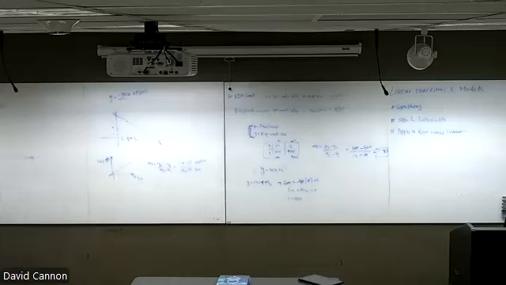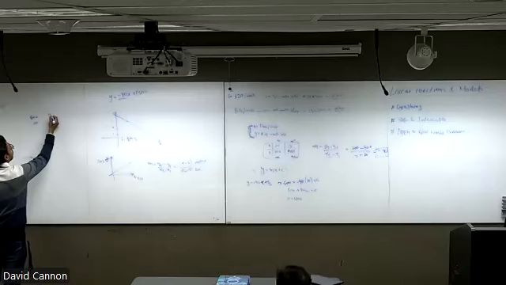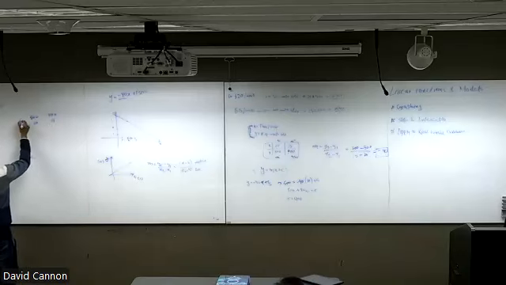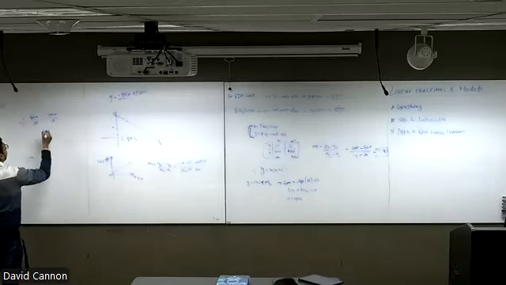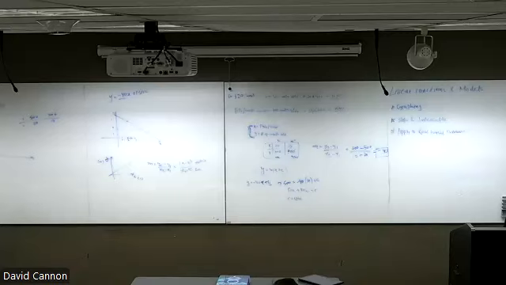So it would be 520, and then 715. So this is the number of units sold, and this is price.